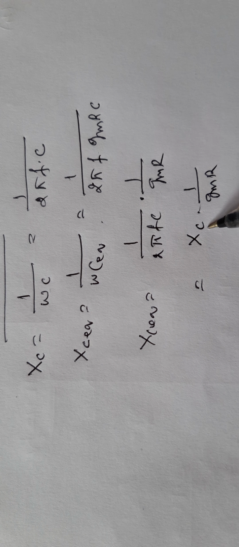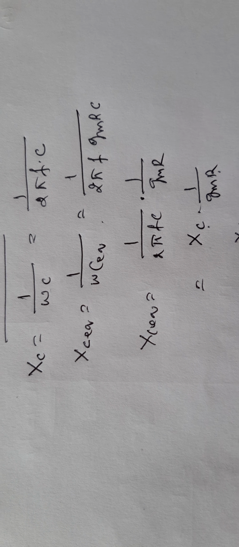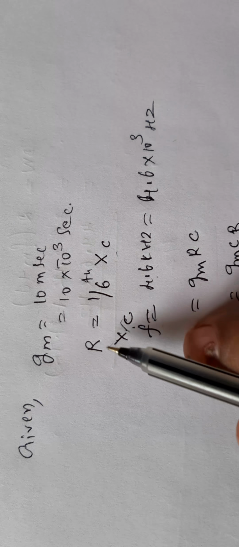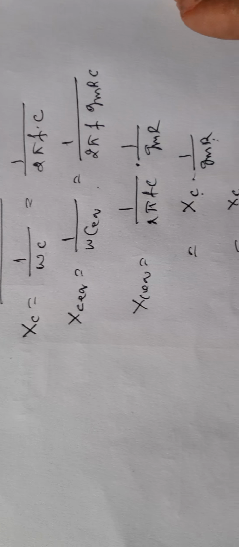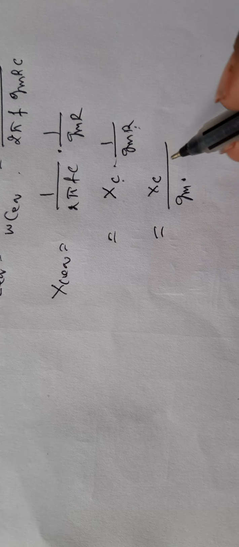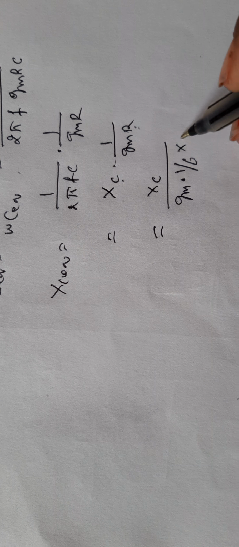It is given that R is 1/6 of Xc. Therefore, this is Xc divided by gm into R, where R is 1/6 of Xc.